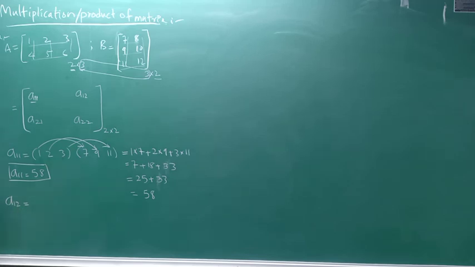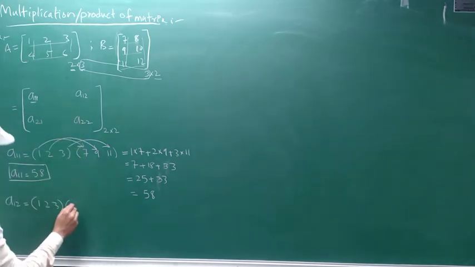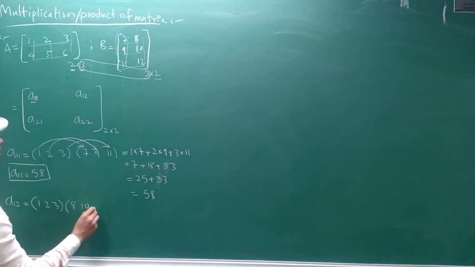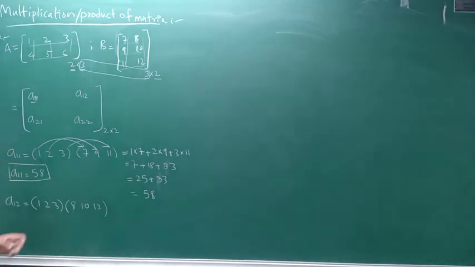So the first row is 1 2 3, and the second column is 8 10 12. So this is the first row, this is the second column.